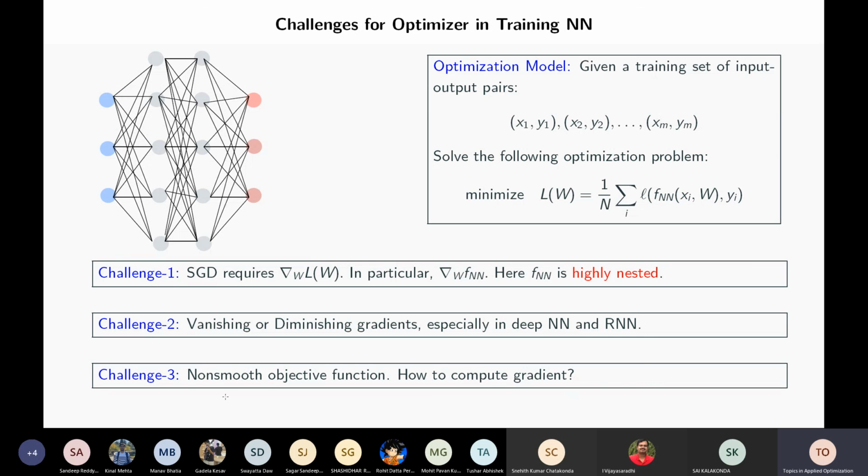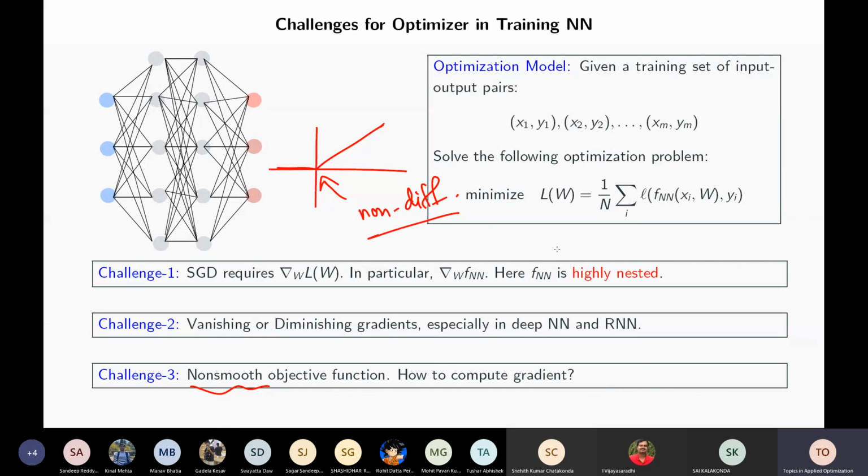Challenge 3 for the optimizer is non-smooth objective functions. For instance, if I choose the activation function as non-smooth, for instance, ReLU. ReLU looks like this. So this is non-smooth, non-differentiable.